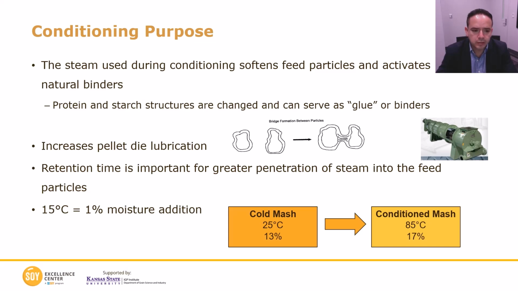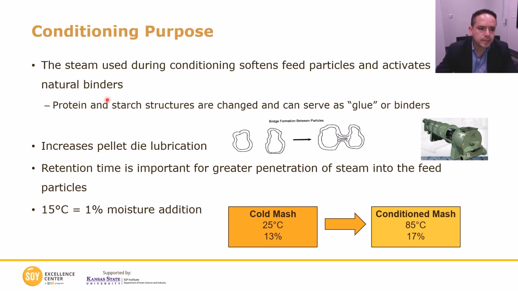When feed is conditioned, proteins and starch structures are changed, and then they can serve as glue or as binder. Remember that you need some of this moisture to create these solid bridges. If you have heat but you don't have the moisture, then you are not going to be able to create these solid bridges, and that can affect pellet quality.